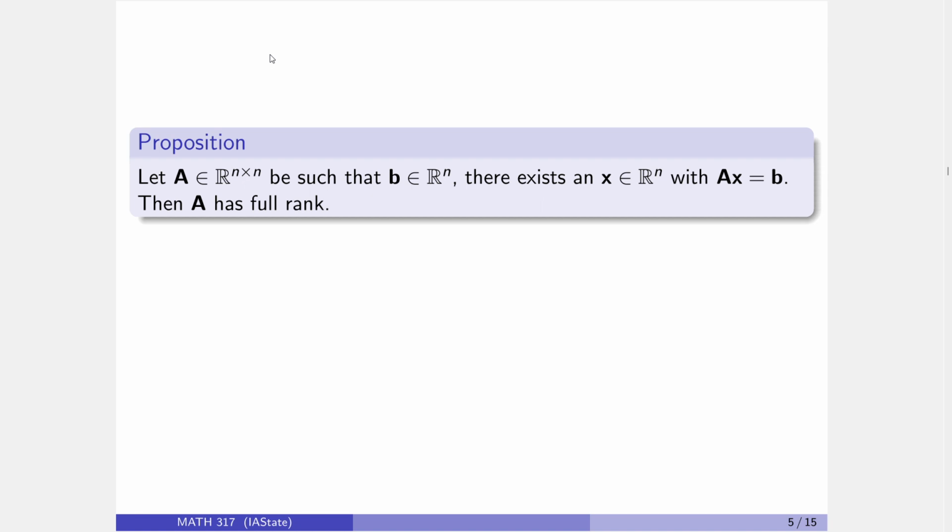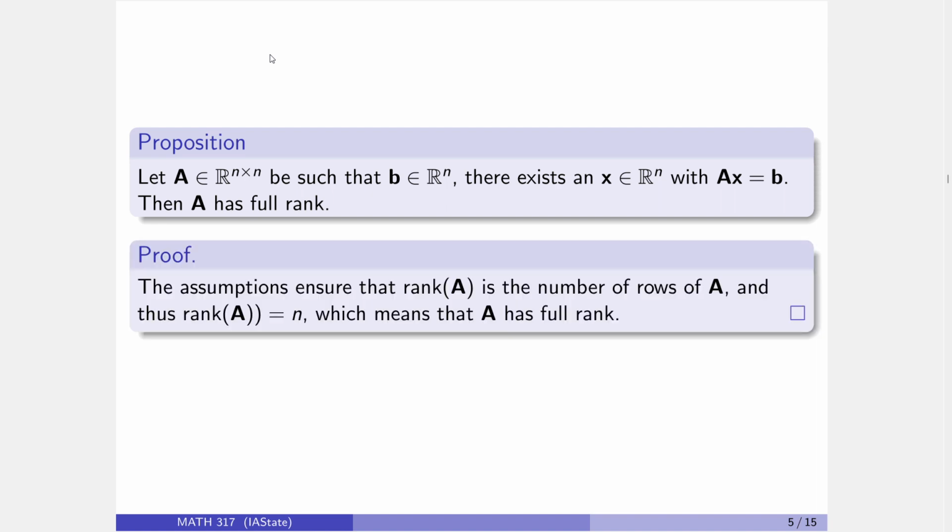So if you know you can always solve Ax equals b, it can actually always be done uniquely. That's just by pointing out that the rank is the number of rows by the previous proposition, but the number of rows is the number of columns, so we've got full rank. And we have too many parentheses there, so let's fix that.